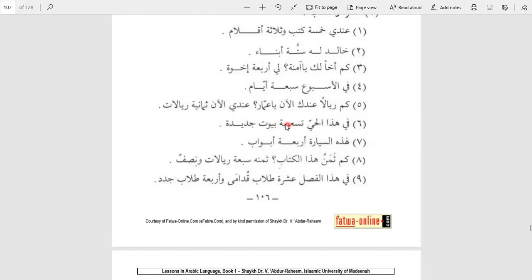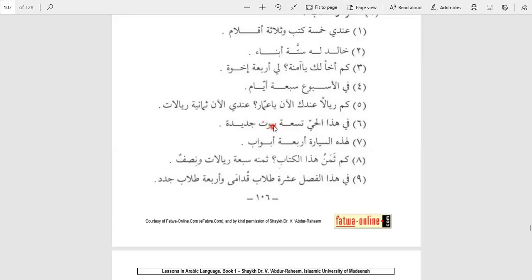And look at this, tis'atu buyutin. Remember, buyutun is masculine. The singular baitun is masculine. That's why we are saying tis'atu buyutin. But look at this, buyutun jadidatun. Why jadidatun when we have it here recorded as masculine?